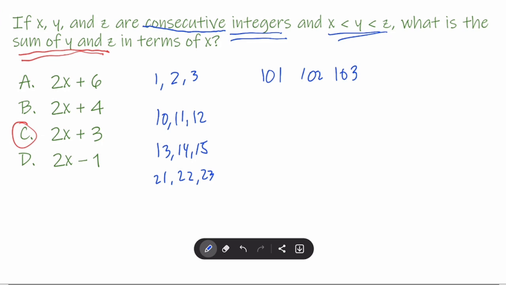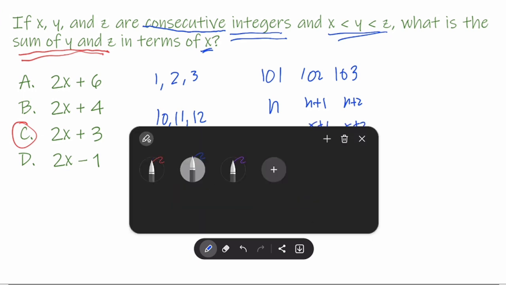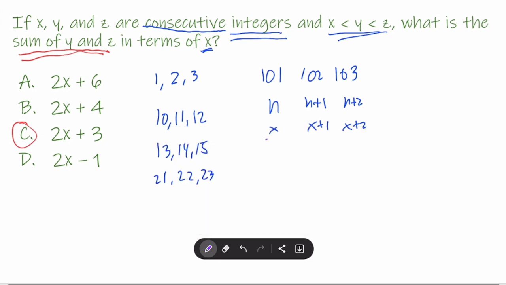If you put a general number like n, the next number will be n plus 1, and the next number will be n plus 2. So if we're going to use x as the variable, since it's given that it's in terms of x, it's going to be x, and then x plus 1, and then x plus 2. So basically, this is the x, this is the y, and this is the z.